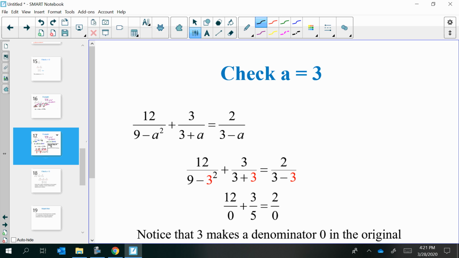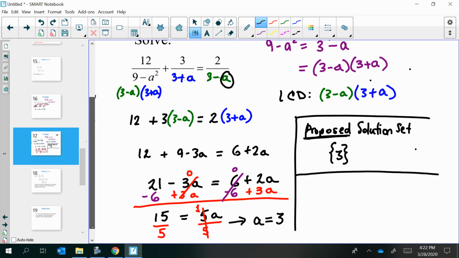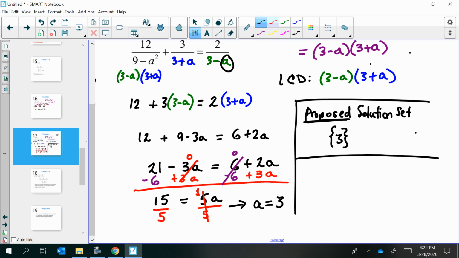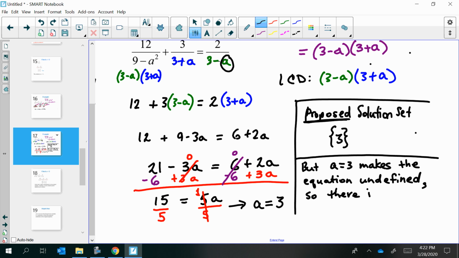So what I would say here is, but a equals 3 makes the equation undefined, so there is no solution.